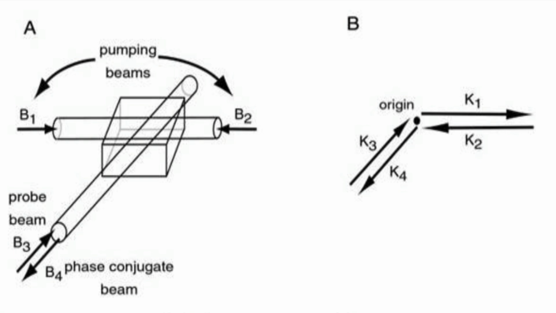Figure 4a shows the configuration required for phase conjugation. Pumping beams B1 and B2 are projected into the nonlinear optical element from opposite directions, where they interfere to form a nonlinear standing wave. The probe beam B3 can now be projected into the mirror from any direction, and this will produce the phase conjugate beam B4 superimposed on B3 but traveling in the opposite direction as a time-reversed reflection.